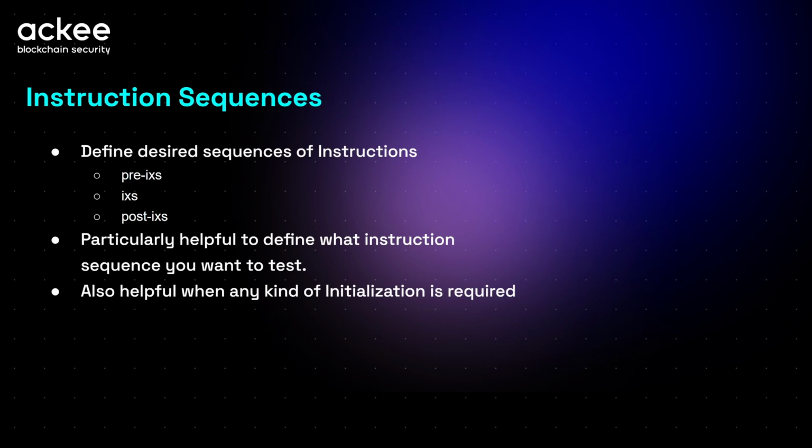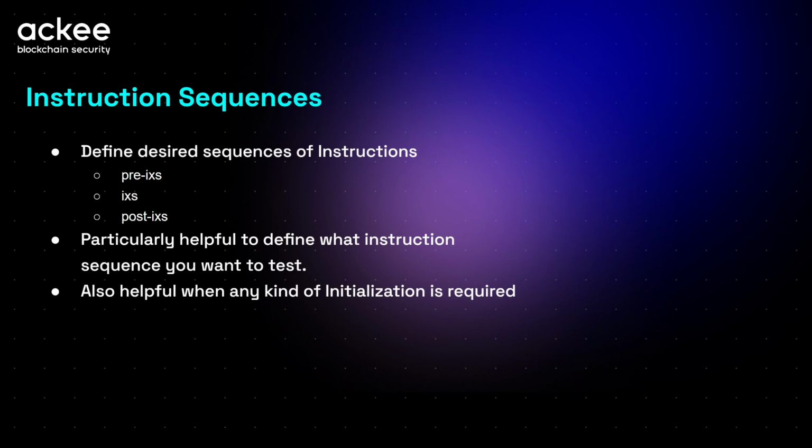So again, if you need to firstly initialize the accounts for fuzzing, or let's say data accounts, and then call update or swap or whatever other functions or instructions, you can actually define desired sequences of instructions.